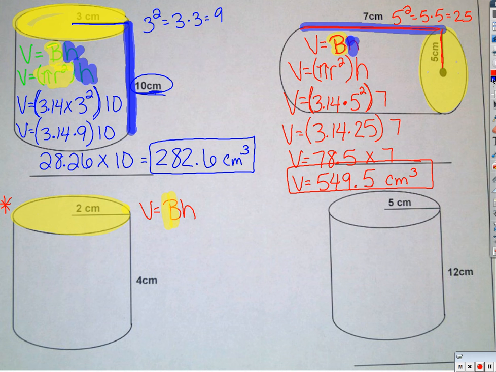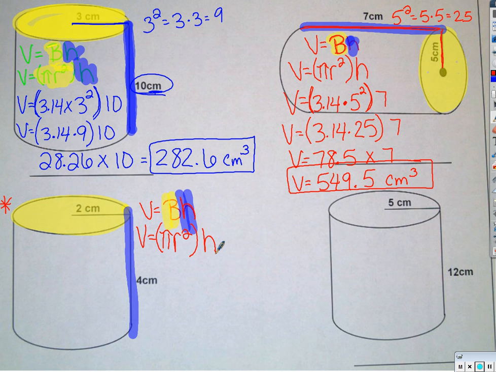Then we have to multiply the area of that circle times the height, that H height, which is right here, of the entire cylinder. So we have volume equals big B, which is going to be pi r squared, times the height of the prism.